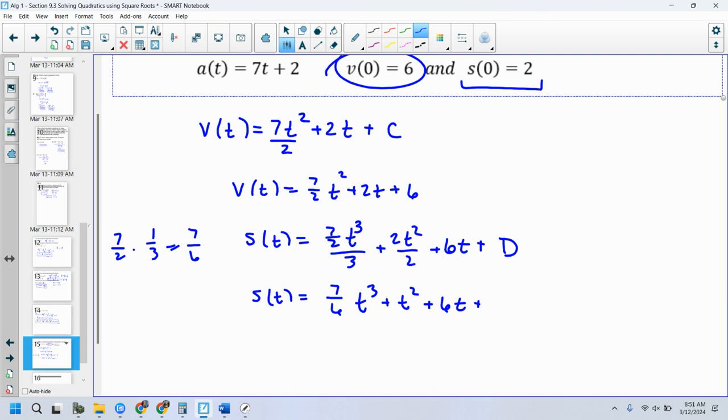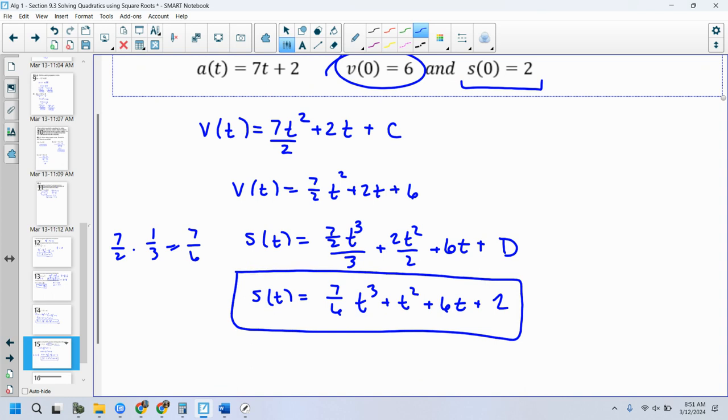Good. So I know that my d value, my constant at the end, is 2. So now, based on that acceleration and knowing initial velocity and initial displacement, I can say that x position is defined at any time t here.